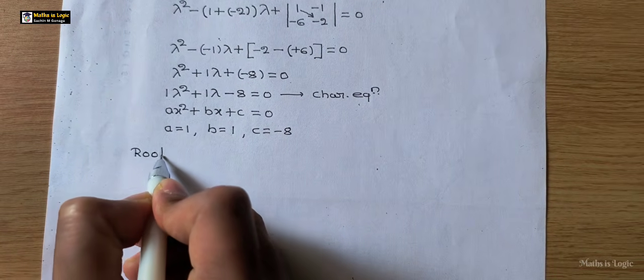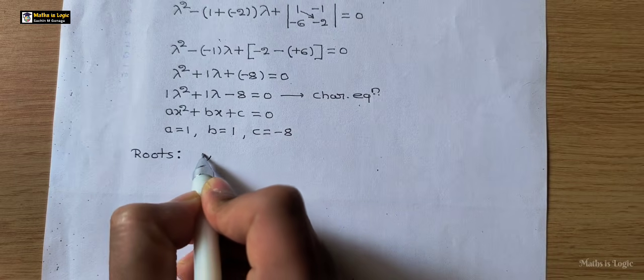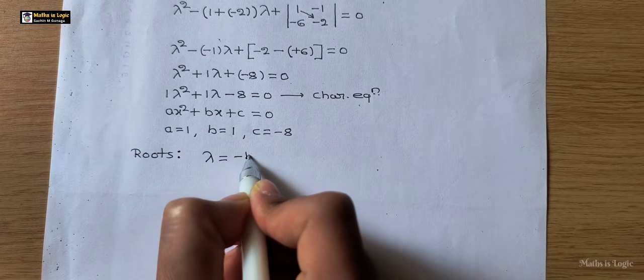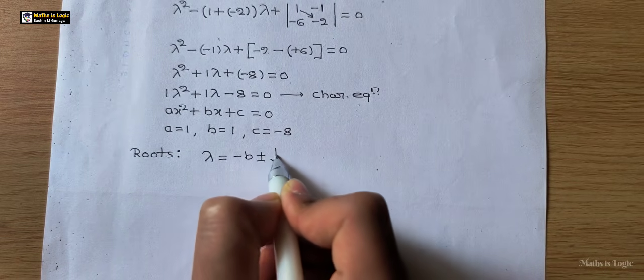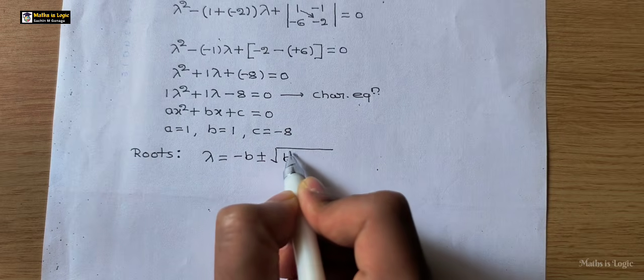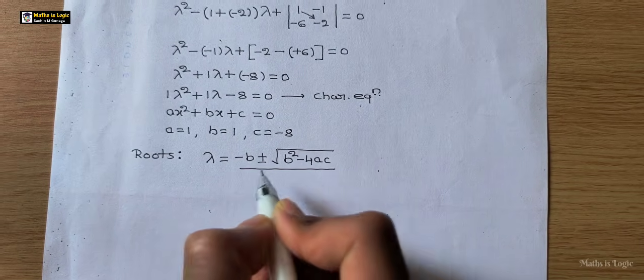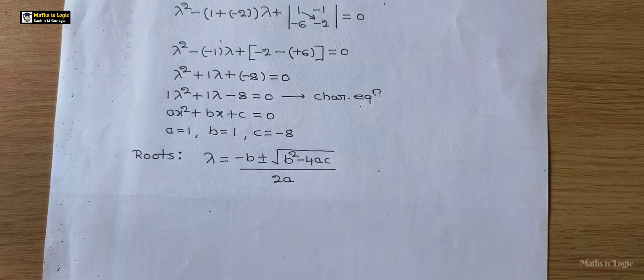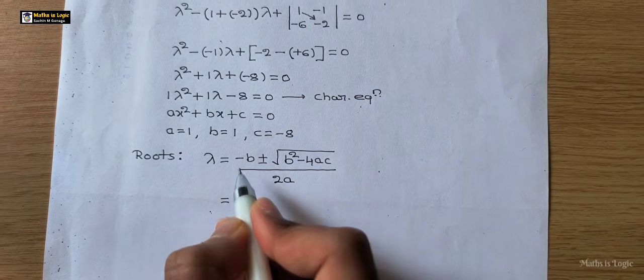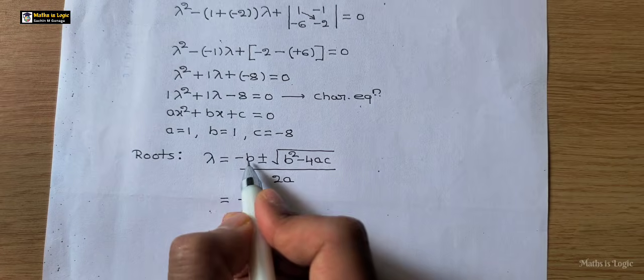So for roots, the formula is lambda is equal to minus b plus or minus square root of b square minus 4ac, divided by 2a. Substitute, which is equal to minus, keep it as it is, b value.